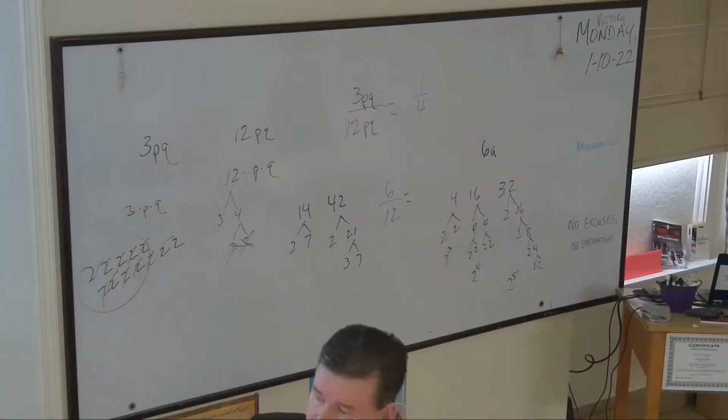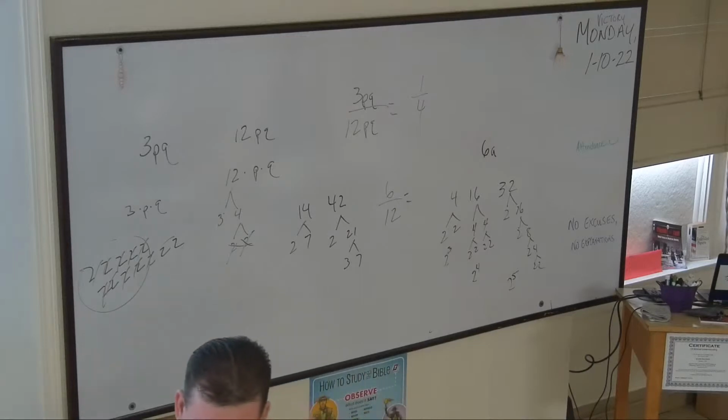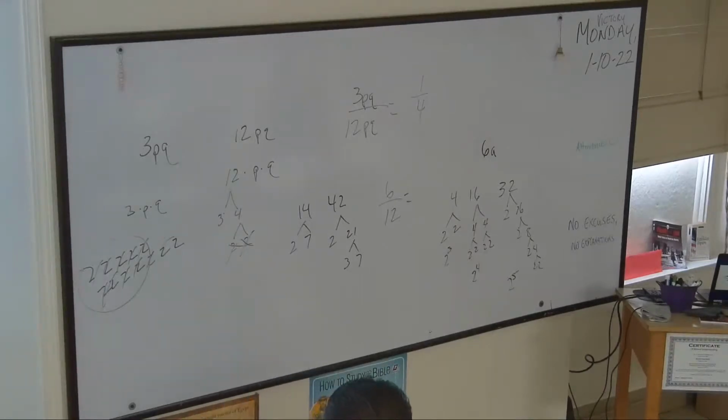For number 11, if instead of it being 5x squared y, it was just 5x squared, the y wasn't there, but it was still there in 21xy squared.